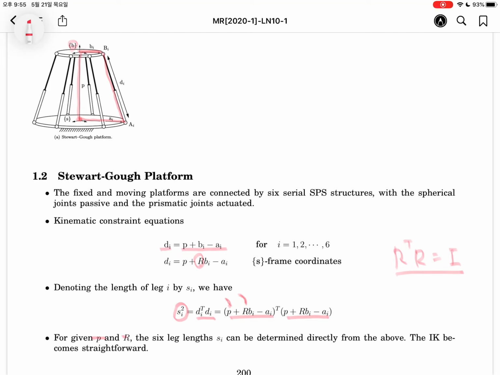For given P and R, given by the user, the 6 leg lengths Si can be obtained straightforwardly, determined directly from this equation. So in other words, the IK issue is very easy.